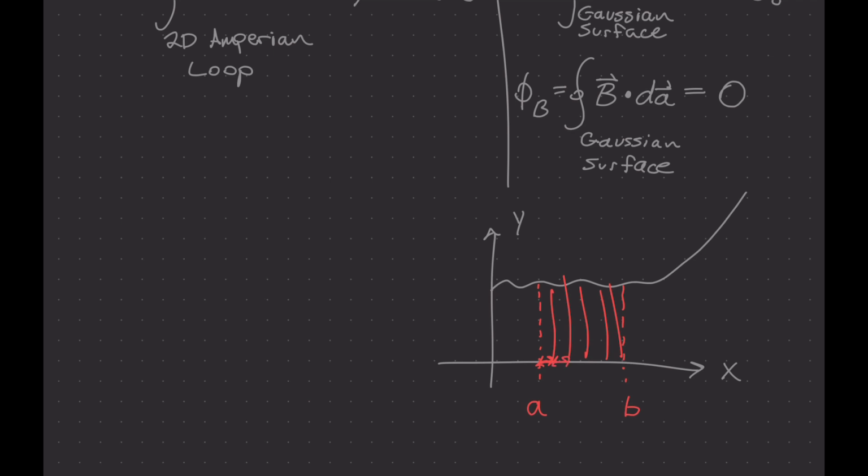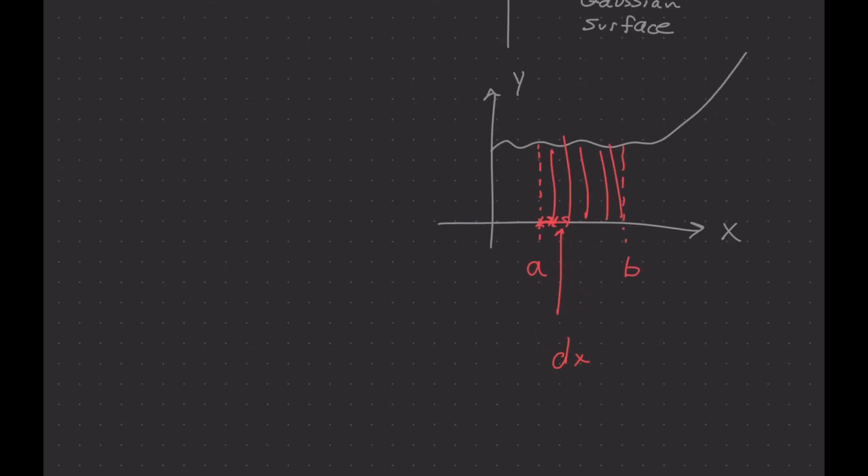These slivers have a distance over here. You could call this distance dx, right? And the height of the function over here, you can say that the height is literally y of x, right?